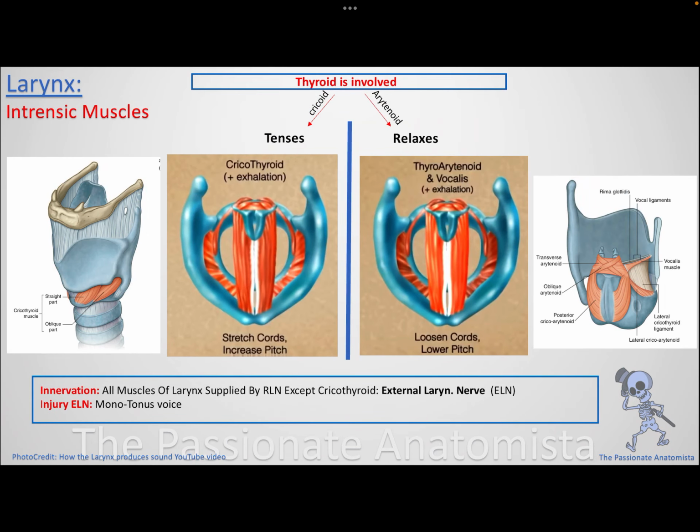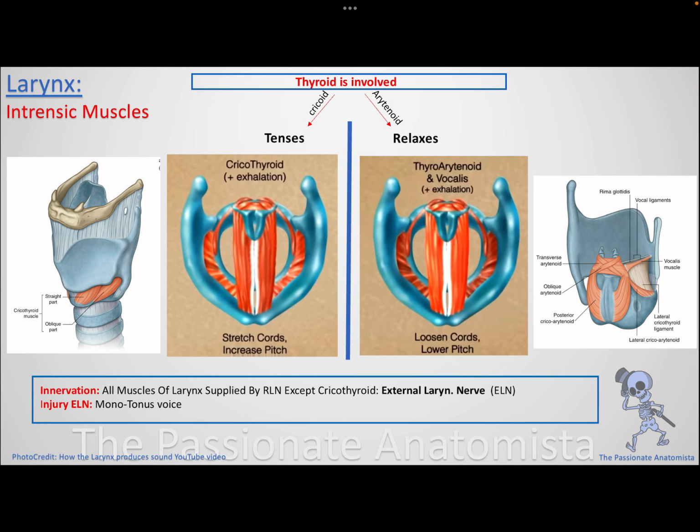Now, what are the intrinsic muscles of the larynx? I want you to think about two things. We're going to talk about muscles that cause tension and relaxation on vocal folds.